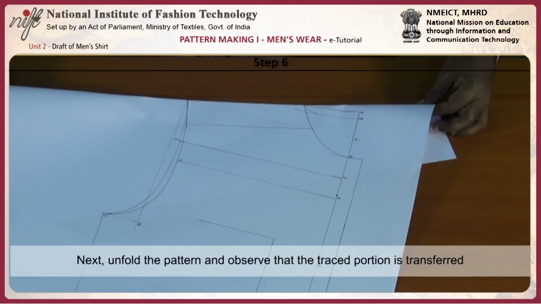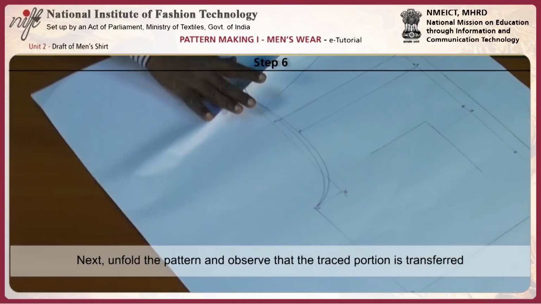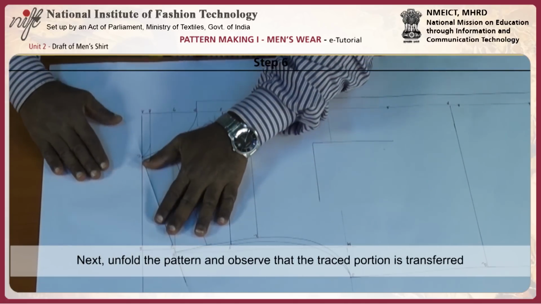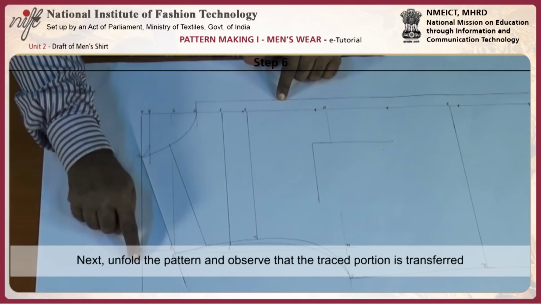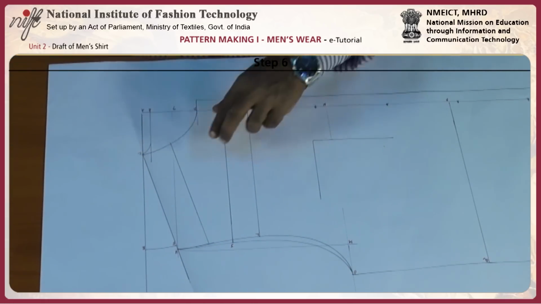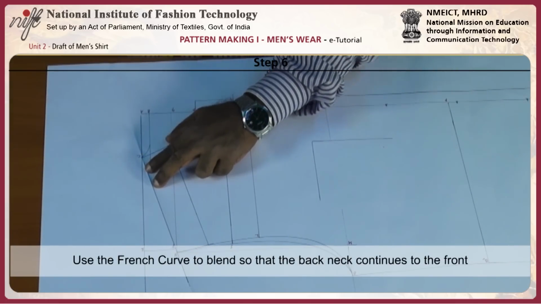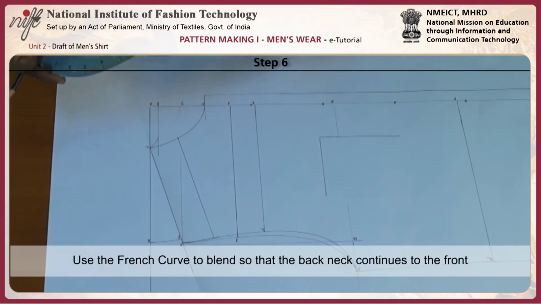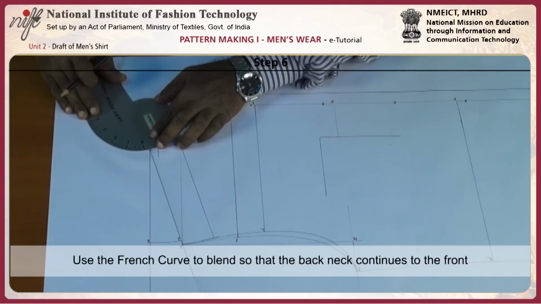After tracing, unfold the pattern and you can make out the traced portion is transferred here, which can now be traced with the French curve or freehand, whichever is comfortable.